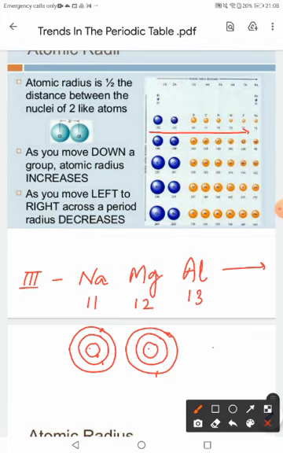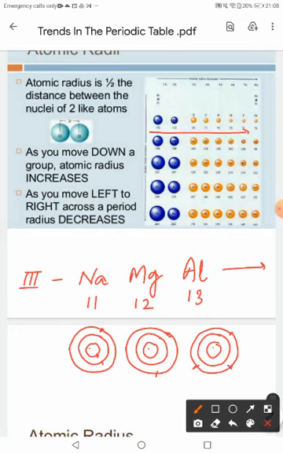Aluminium will also have 3 shells because they all belong to the third row, and we know that in a row the number of shells remains the same. So the K shell will have 2 electrons, the L shell will have 8 electrons, and the remaining 3 will go in the third shell, that is the M shell.